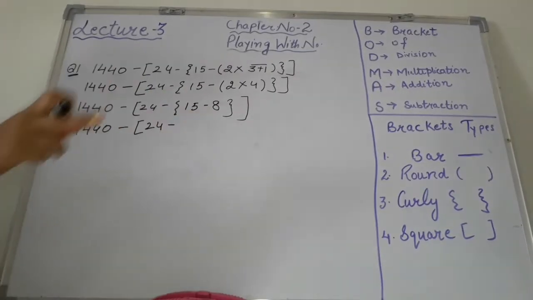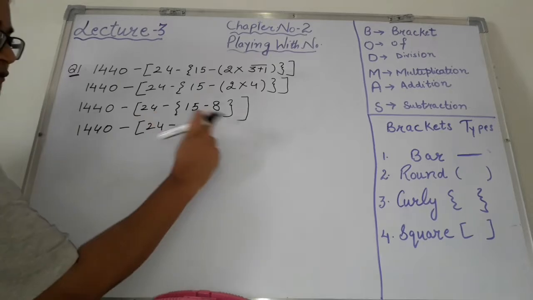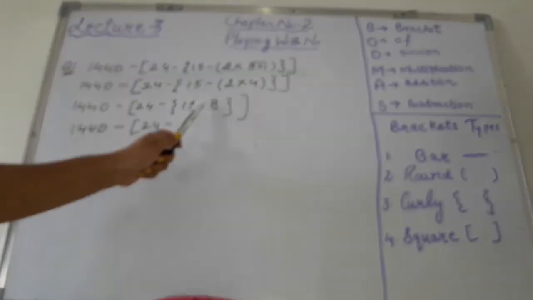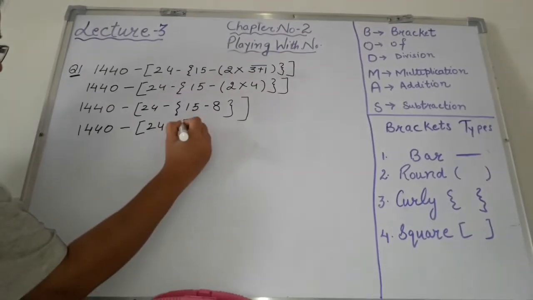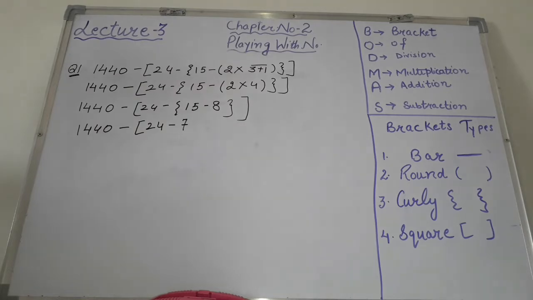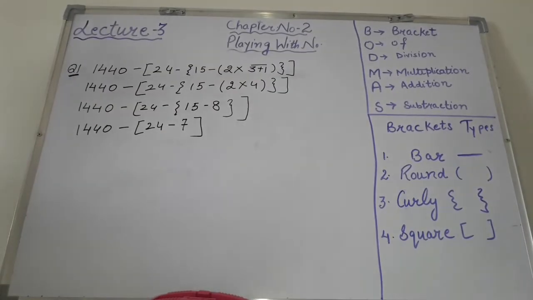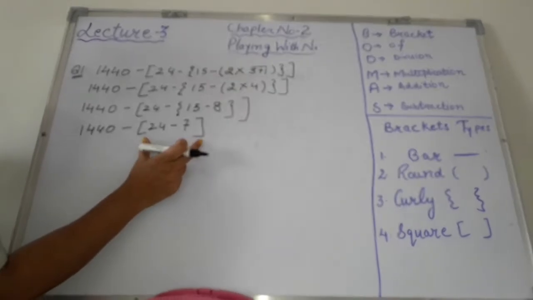1440 minus 24 minus, now after completing the round bracket I will solve my curly bracket. As you know, in the curly bracket it is 15 minus 8, and 15 minus 8 becomes 7. Now I have finished the curly bracket, so it vanishes and I am left only with the square bracket. Now I have to solve my square bracket.